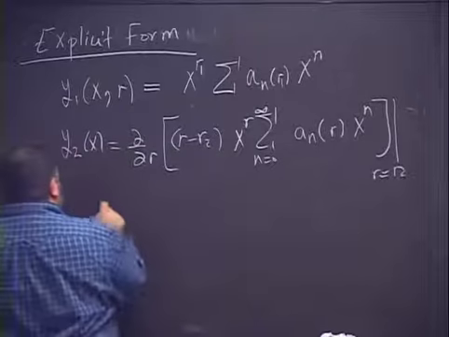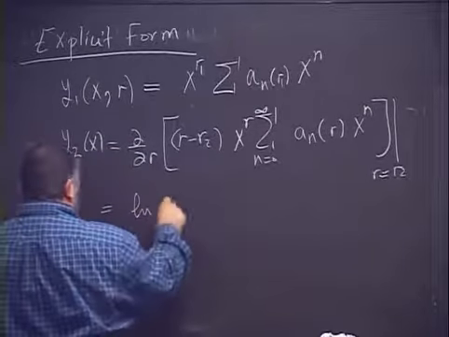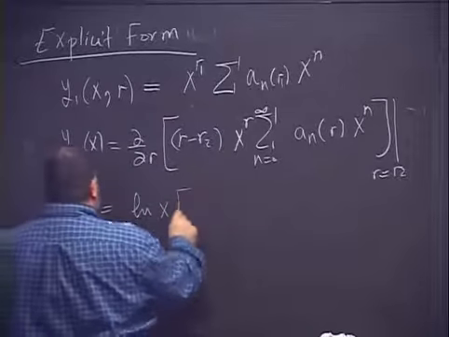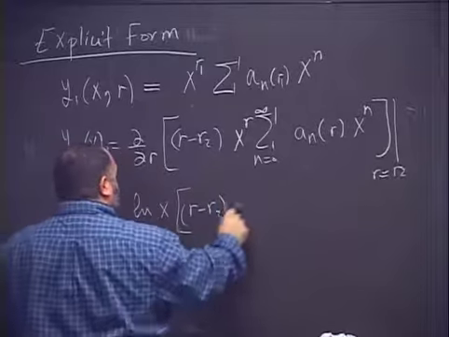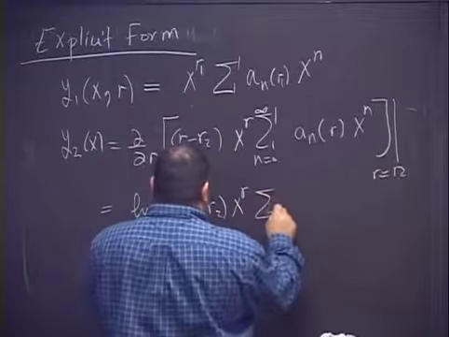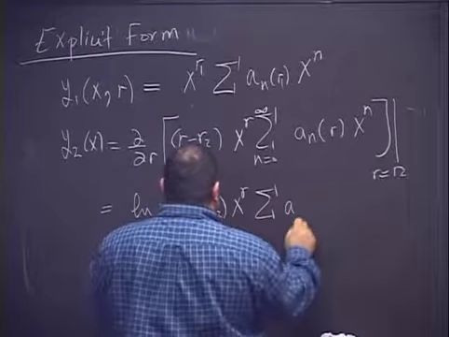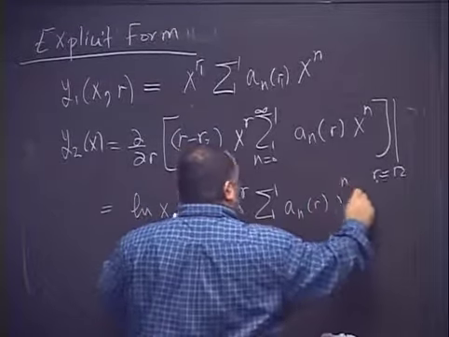When you do this, you will obtain ln x multiplied by (r minus r2) x to the power of r, summation of an of r x to the power of n.